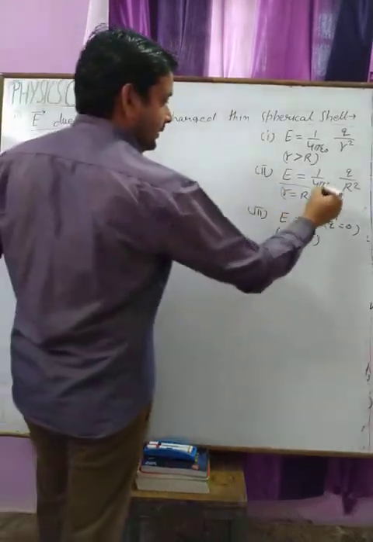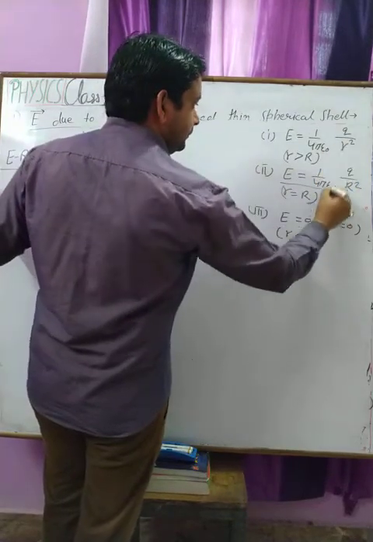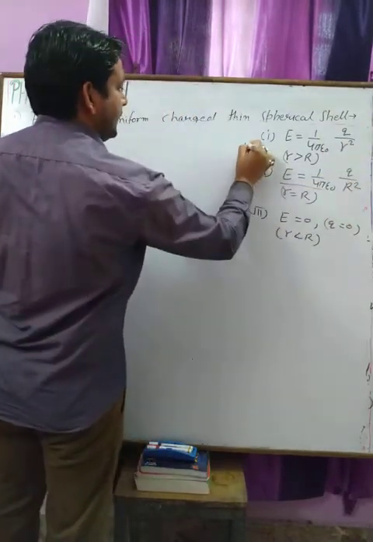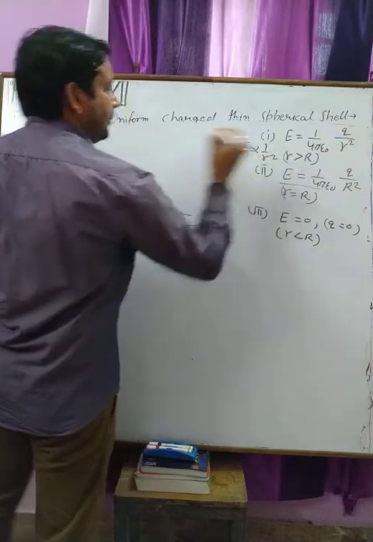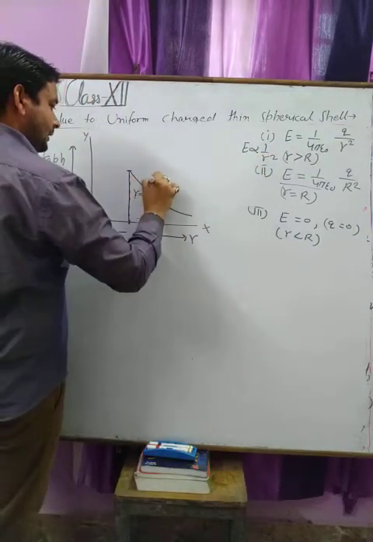You will find the electric field due to this is 1 upon r square. We are writing it like this.